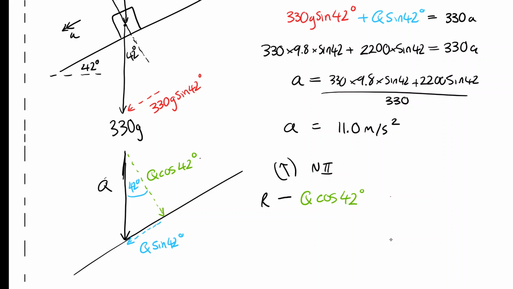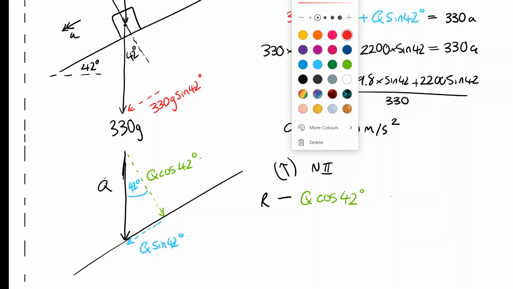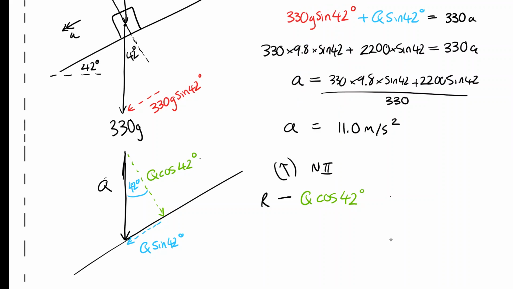In addition to these components, there is a component of weight that acts into the slope. So that's this purple component here. That's 330 g cos 42. That's acting into the slope, so it's negative as well. 330 g cos 42 degrees. And together they're all equal to 0.